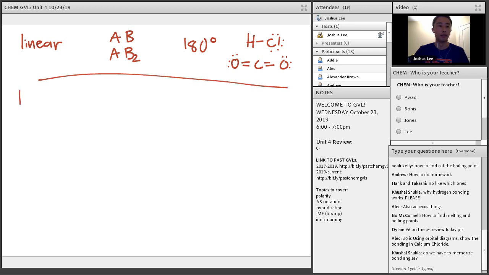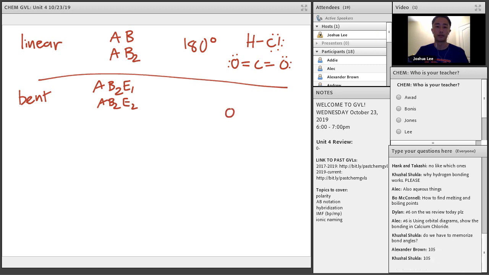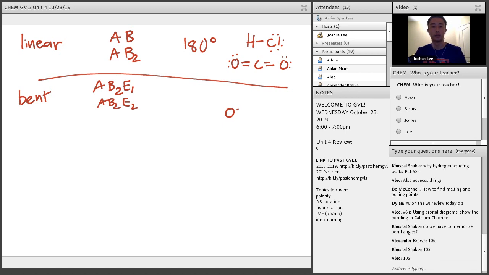Then we have bent, AB2E1 or AB2E. Pretty much it just has those electrons. What's the bond angle for bent? Nice, 105.